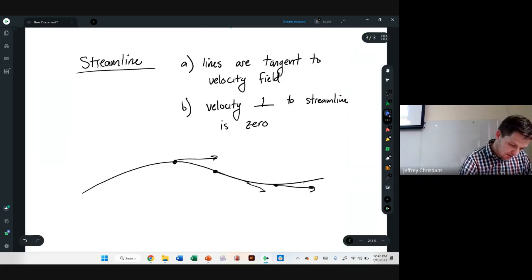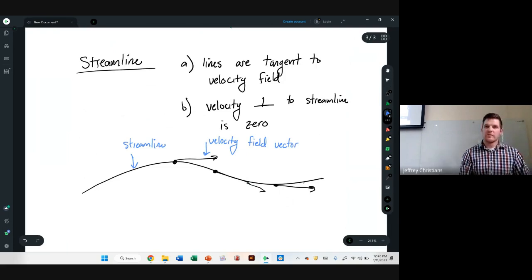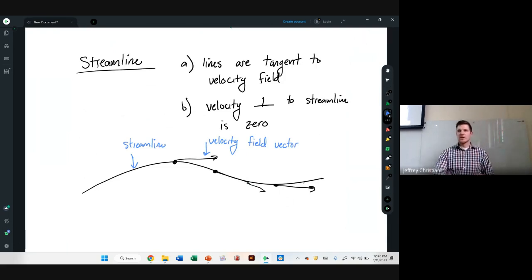So this is our streamline, and this is a vector from our velocity field. Streamlines are going to be one of the best tools we can use to describe the velocity at every different point. By drawing a line that's tangent to the velocity at every point, you can see the curve, the shape of the velocity field.